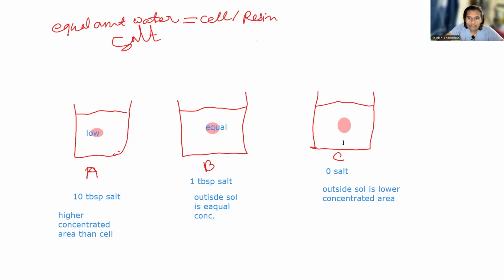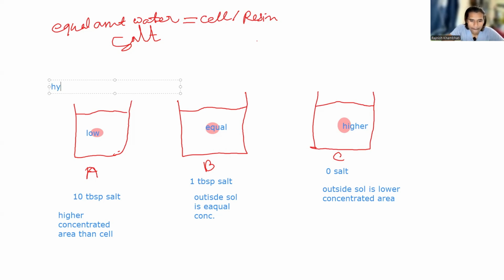So the inside of the grape is higher concentrated as compared to outside, which means the outside solution is lower concentrated. Is it clear?